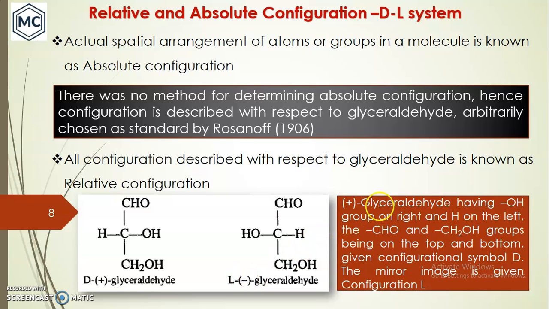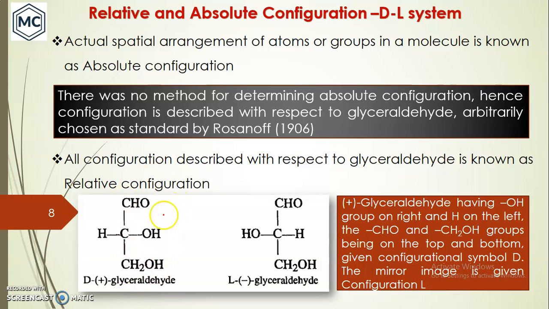And this plus glyceraldehyde, he selected because most of the sugar molecules are derived from this structure, and this plus glyceraldehyde has OH on the right and H on the left. At the same time, CHO at the top and CH2OH at the bottom.